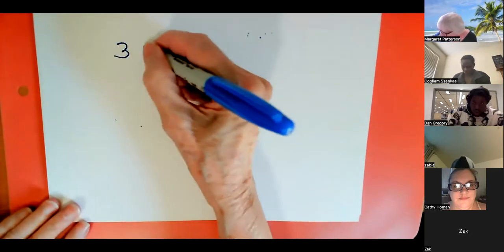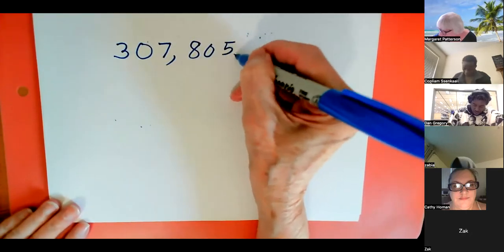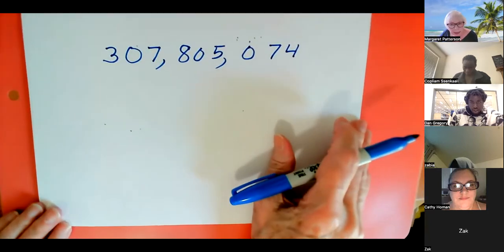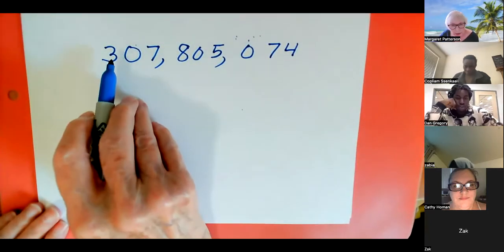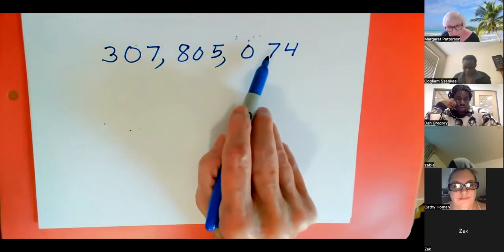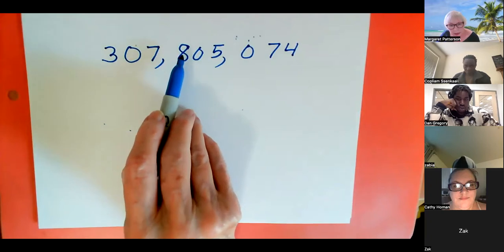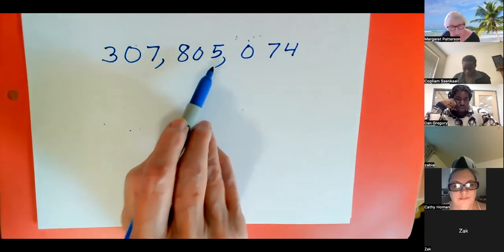Next one here was an example. This was the number, and they wanted it in expanded form. So this means you have to say what each thing is. Now, this is 74, obviously. This is 805,000.